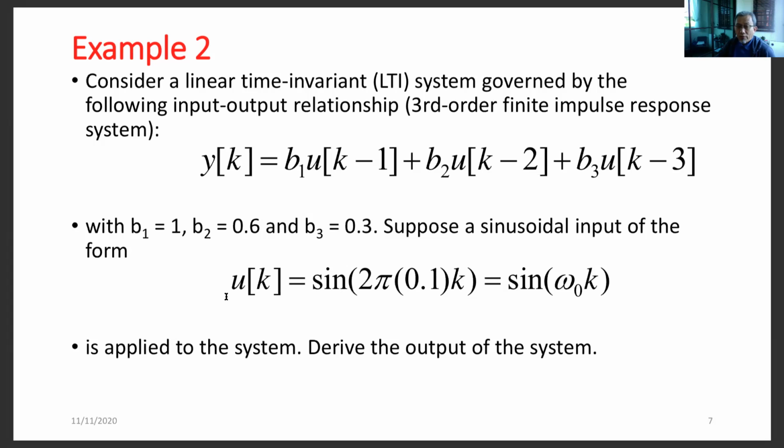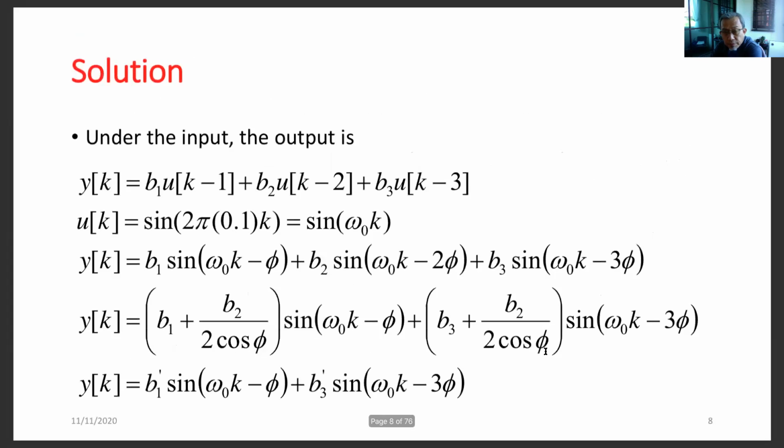So the sine wave input, equal to sin(2 pi 0.1 k), which is equal to sin(omega naught k), is applied to the system. So omega naught is equal to 2 pi multiplied by 0.1. You have to derive the output of the system under the input. This is the equation.